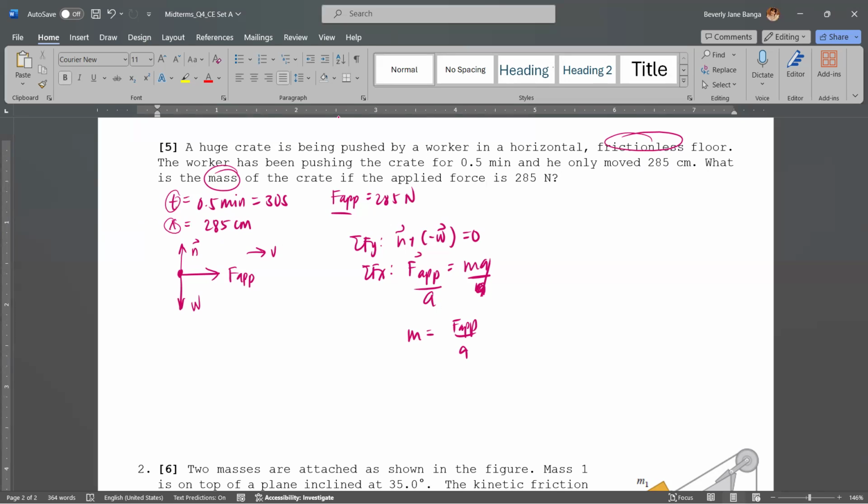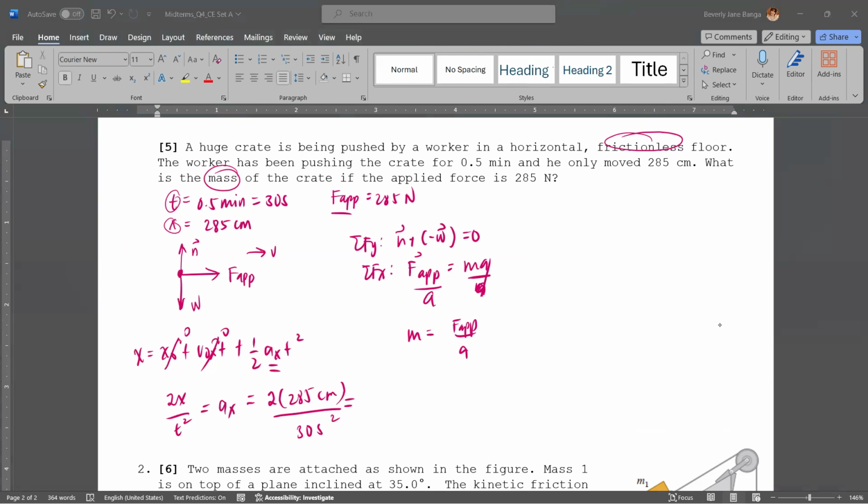So we'll use the third equation of motion: x is equal to x naught plus v0x t plus 1/2 ax t squared, so that we can get a. So x naught is 0, v0x is 0. So you have 2x over t squared is equal to ax. So you have 2 times 285 cm over 30 seconds squared. Sorry, we need to convert first.